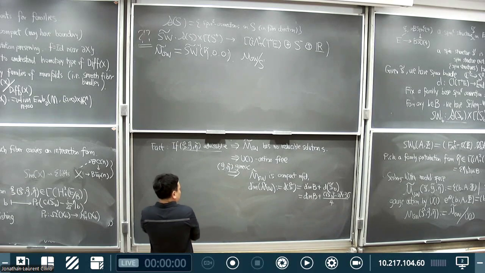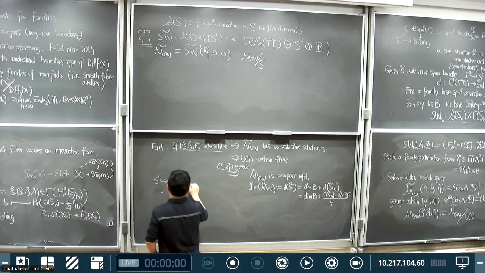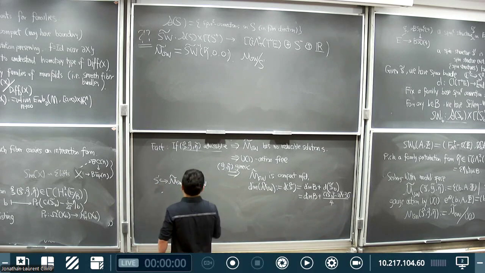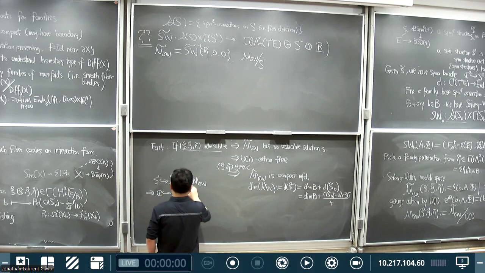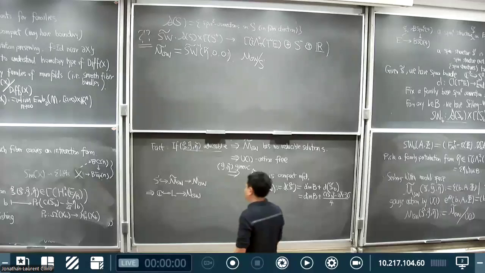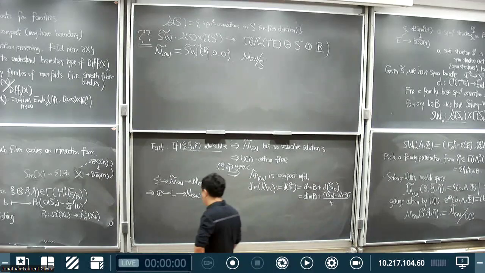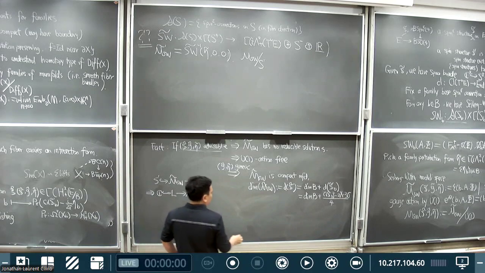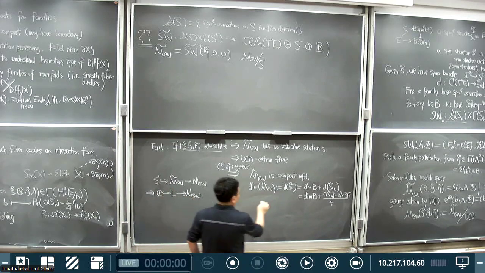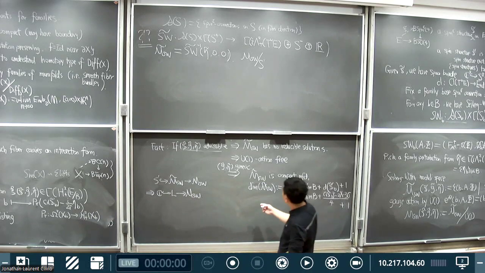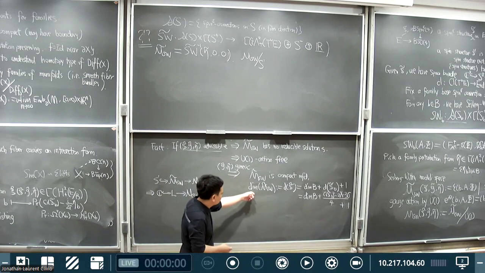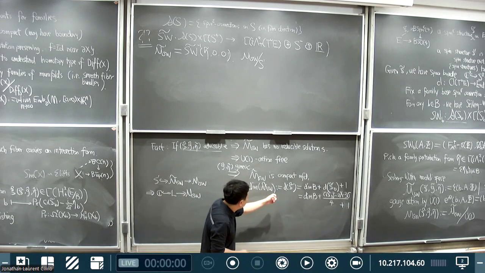Now we have a principal bundle, and we can take the associated complex line bundle.